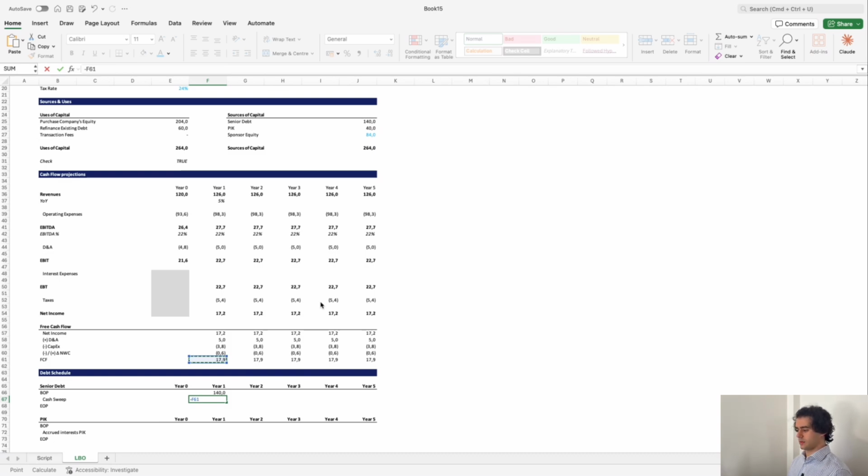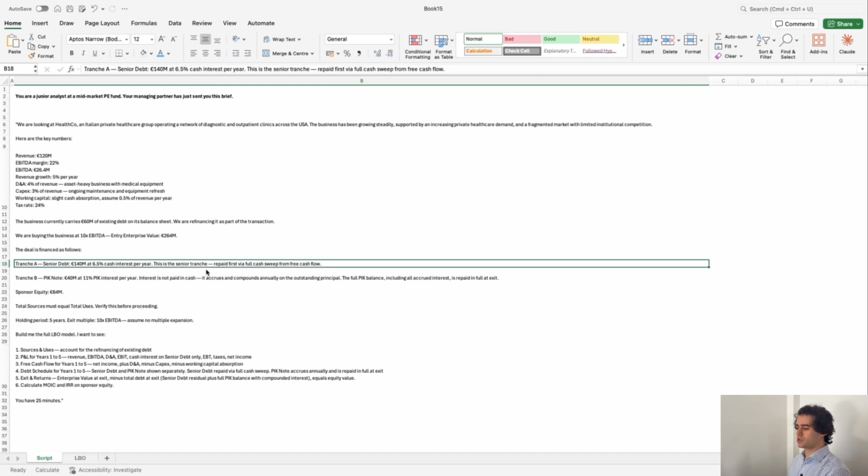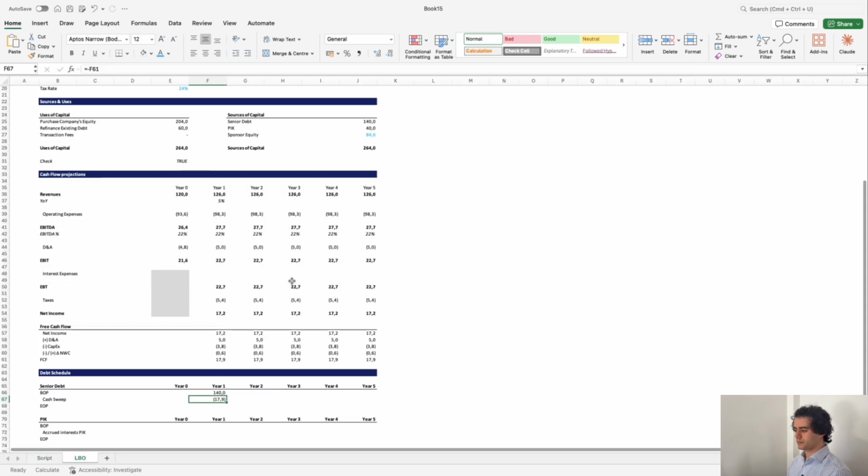As we said, this is the senior tranche, and it's repaid first via full cash sweep from free cash flow. So every euro generated of free cash flow will be used to repay the senior debt. And the PIK note is not paid in cash. It accrues and compounds annually on the outstanding principal. So the full PIK balance, including all accrued interest, is repaid in full at exit.